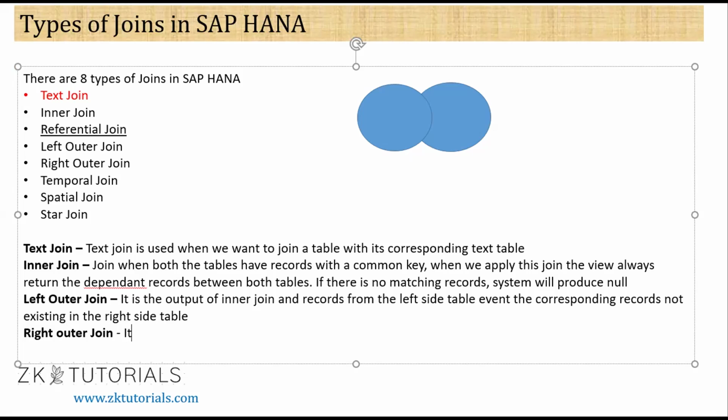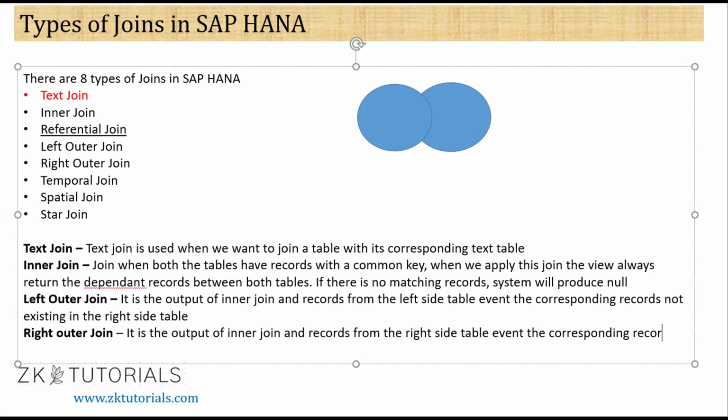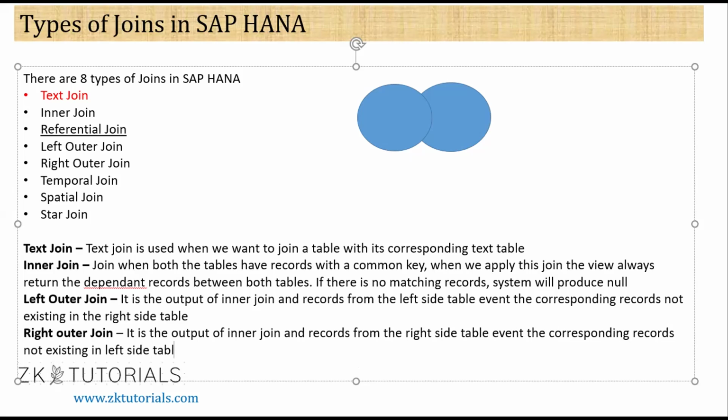So it is the output of the inner join and the records from the right side table, even if the corresponding records do not exist in the left side table.